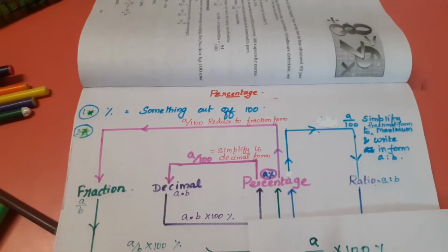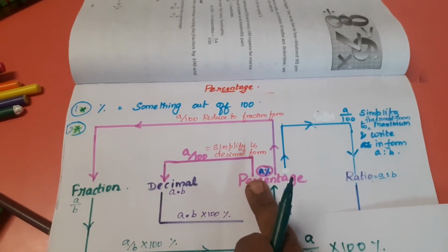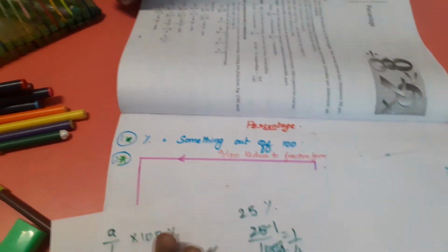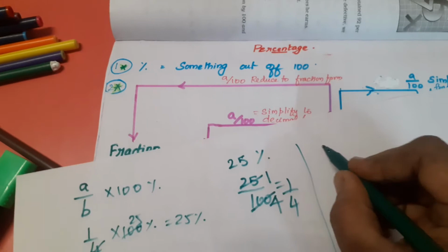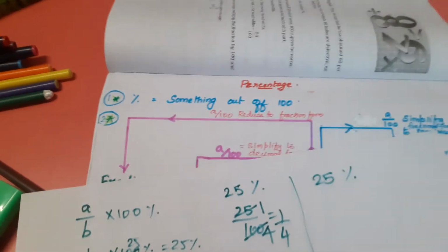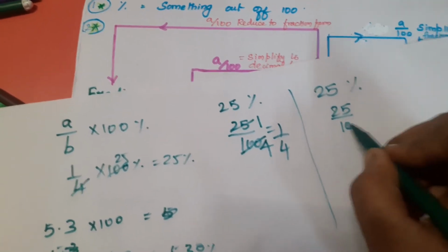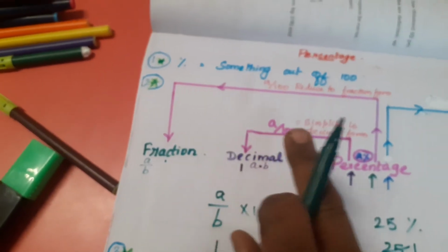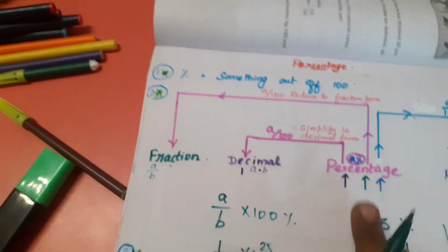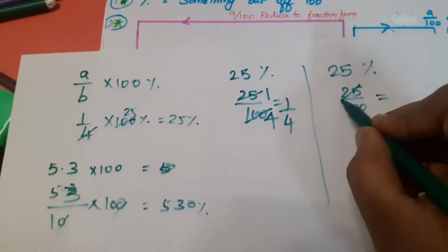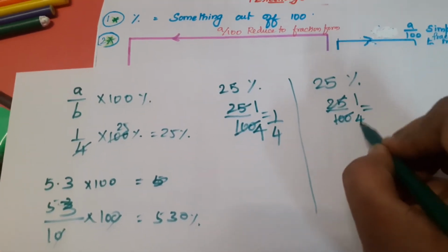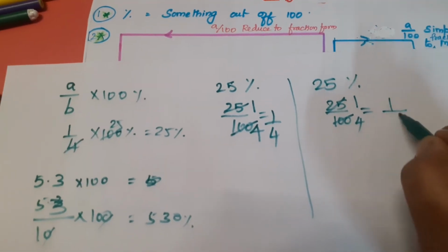That's all. Now the next one, percentage to decimal form. Suppose they have given, for example, 25 percentage, convert to decimal. What will you do? 25 by 100, again represent it as a by 100 and simplify to decimal form. We know that 1 25s are 25, 4 25s are 100, or the 25 table can also be used.